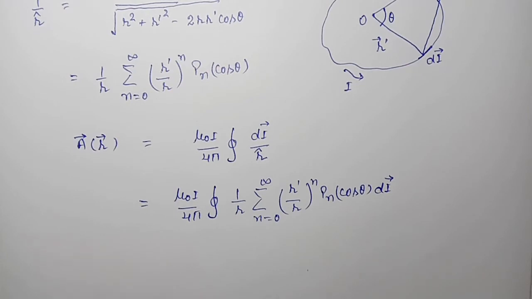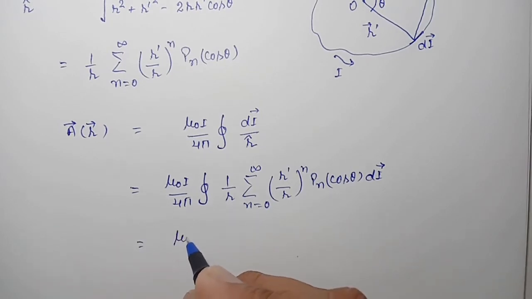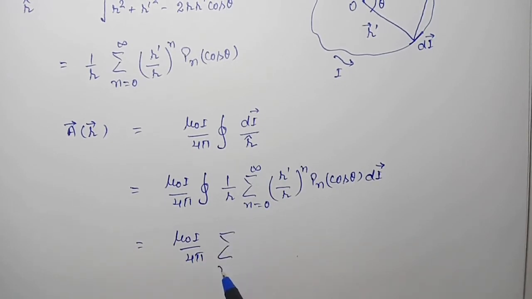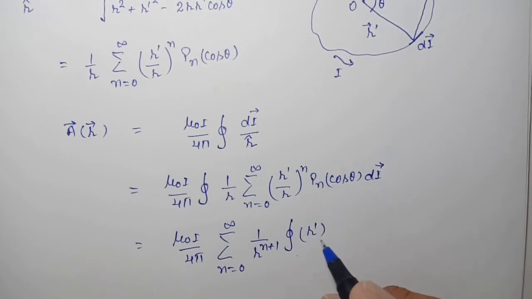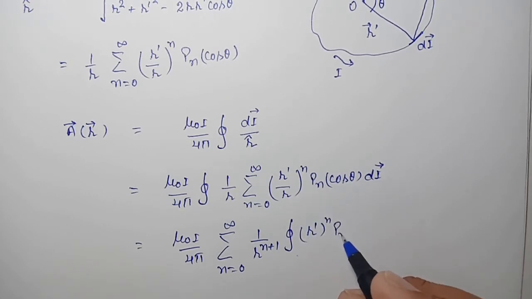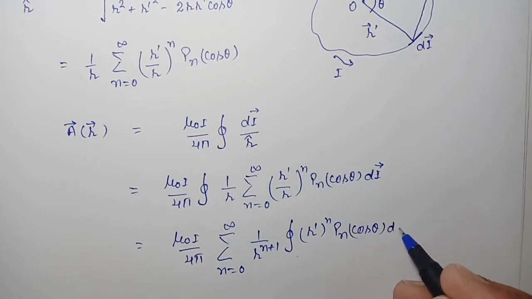Or we can write like this, that is mu naught I over 4 pi summation n equals 0 to infinity, of 1 over r to the power n plus 1, and here the integral of r dash to the power n, Pn cos theta, and dl.